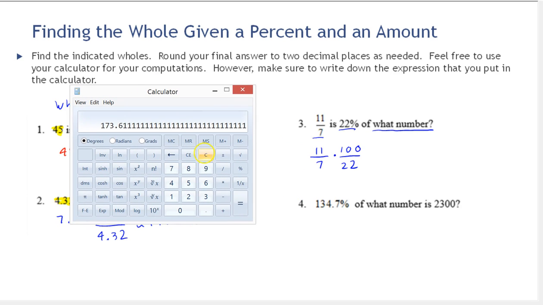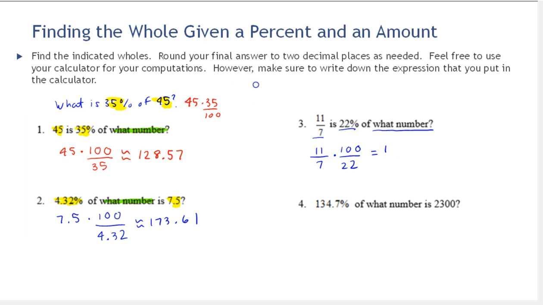When you put this in your calculator, if you're going to put it in exactly like this, you could multiply these first. I'll do this in my head real quick. 1100, 140 and 14 is 154. So you could multiply these first and then do this division.